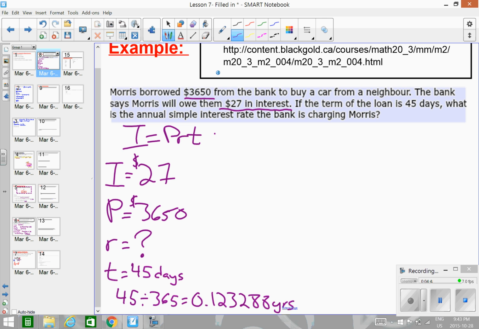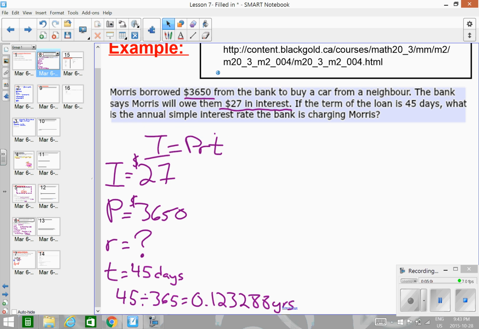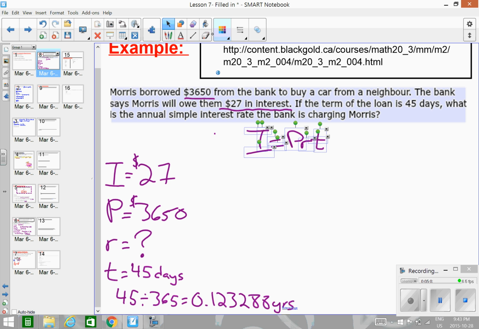All right, so let's rearrange the formula so we can get what we want by itself. We're trying to get r by itself. So I'm just going to move my formula over here so I can work with it. So I want to get r by itself. Remember, this is multiplication. So I want to unmultiply, so I divide, do the inverse of P, and I want to get rid of that t, so I need to divide that.